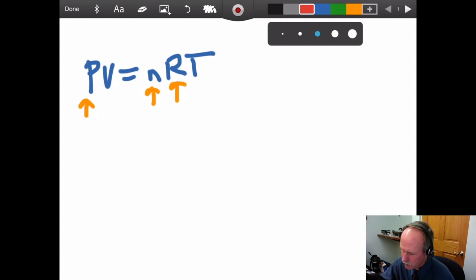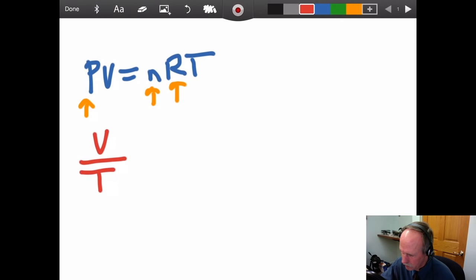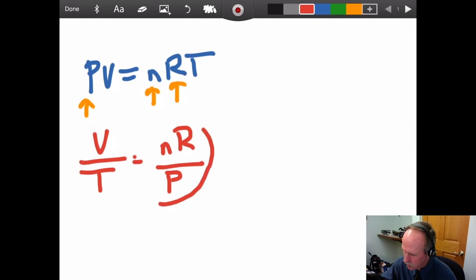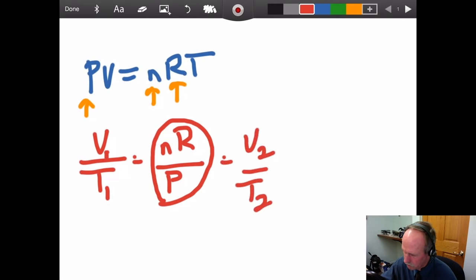We can rewrite it like this: V over T equals nR over P, correct? This is a constant, so we know that V1 over T1 equals V2 over T2.